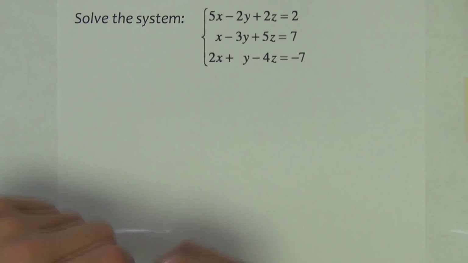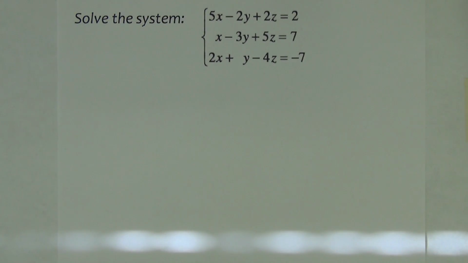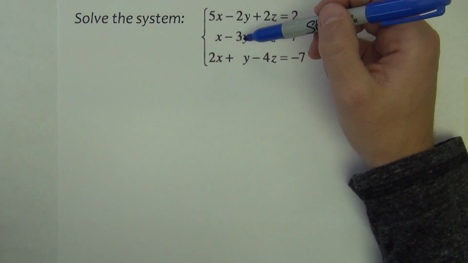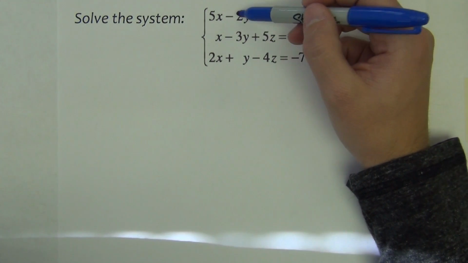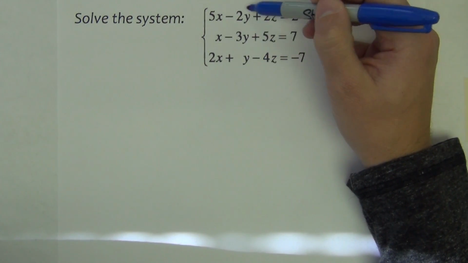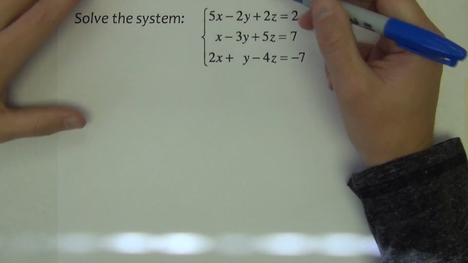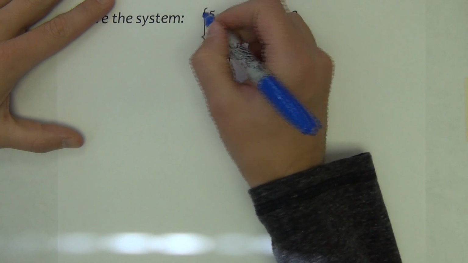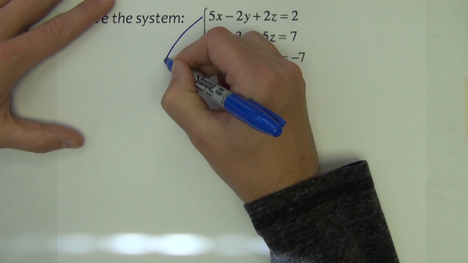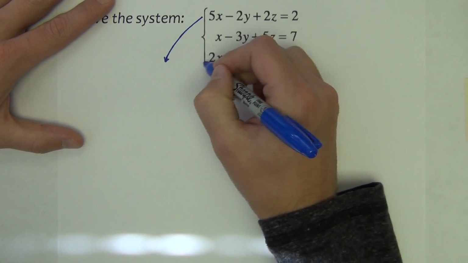What I'm going to do in scanning this, and knowing that I need positive and negative numbers to add to 0, I'm going to choose the y's. I think I can easily deal with the y's. I think I can cause a lot of those to cancel out. So I'm going to begin with the top one and the bottom one.